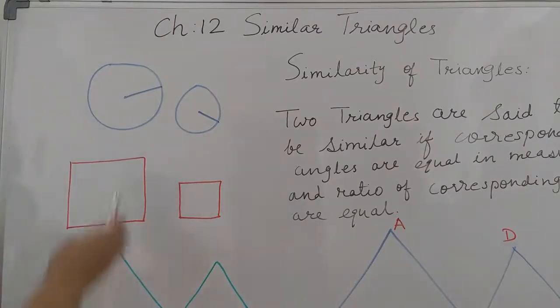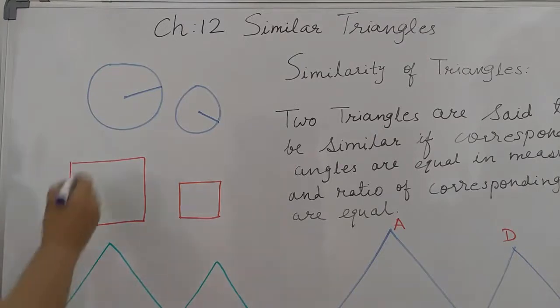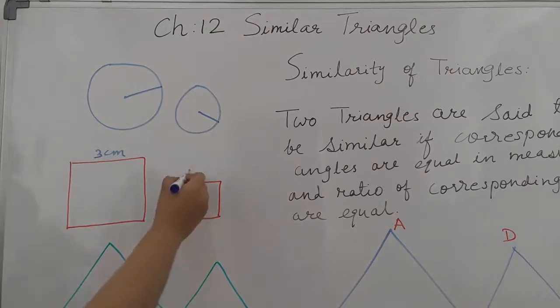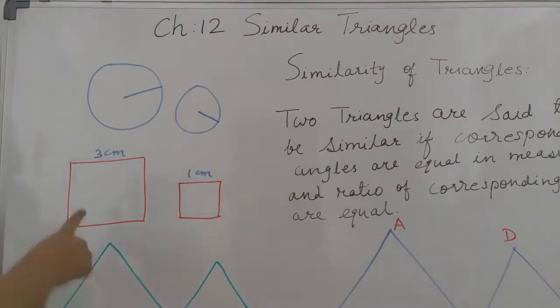These two figures are the same in shape, but in size they are different. Similarly, this is a square whose side is 3 centimeter and this is a square whose side is 1 centimeter. Both shapes are squares, but the sizes are different.